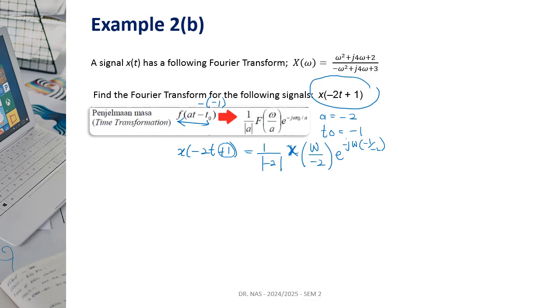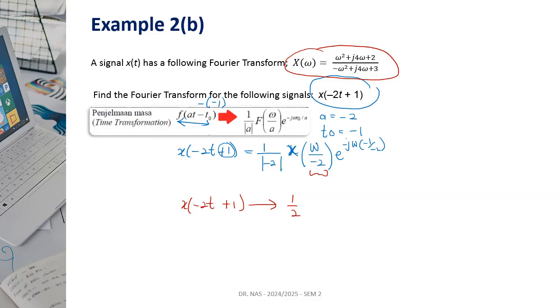Okay, so next, complete your equation. So what is X(omega)? X(omega) is again the given equation. But in the new signal, all the omega will be divided by negative 2. So now x(-2t+1) will produce 1 over 2.